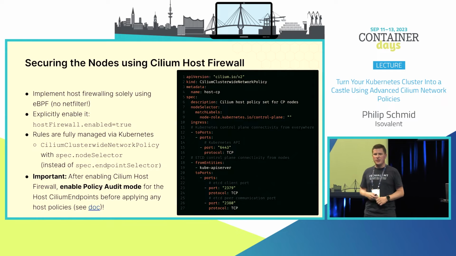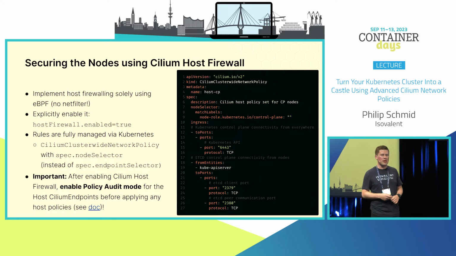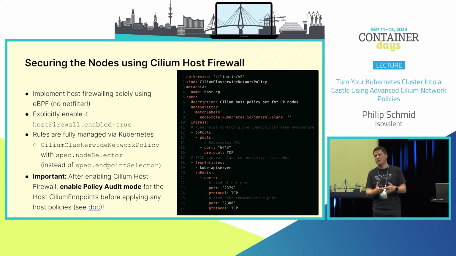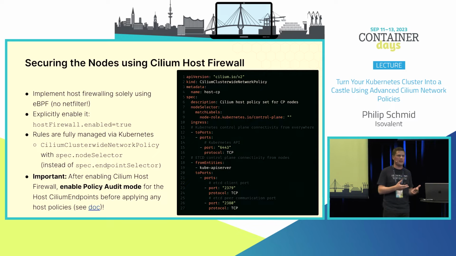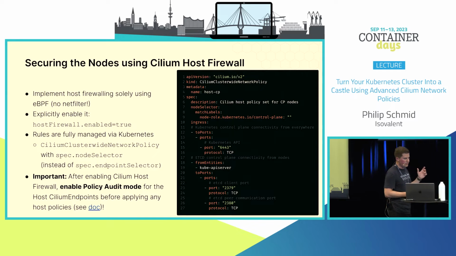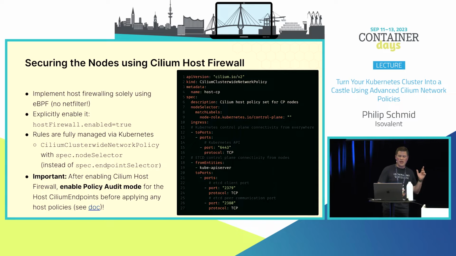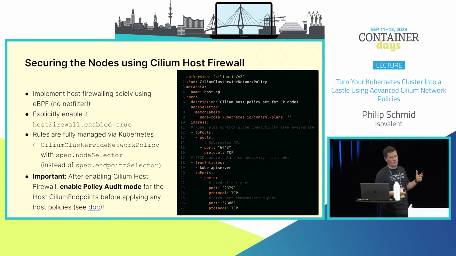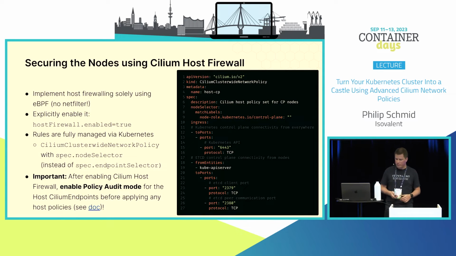Because if you forget about this and you apply an incomplete Cilium host policy, you have the chance to lock yourself out of your Kubernetes cluster, or sometimes even of your nodes, so that you're not able anymore to SSH to them. So that's something you need to be careful about. However, this policy audit mode is a great tool to get you started.